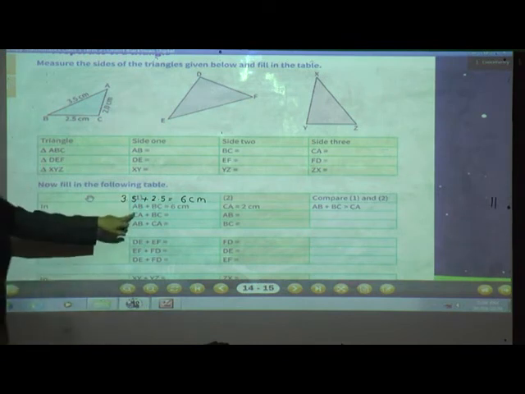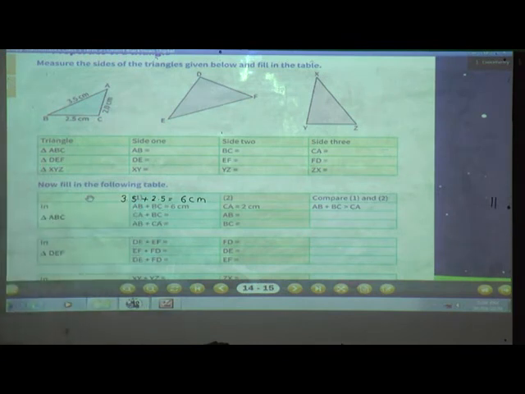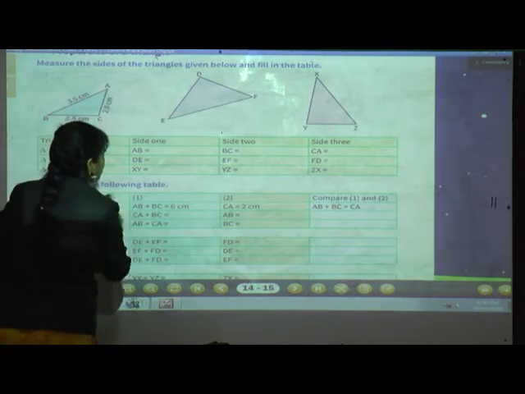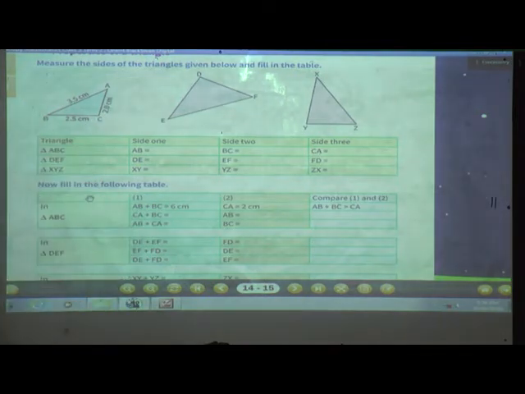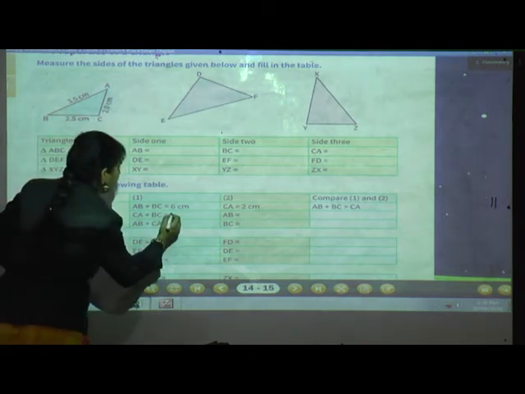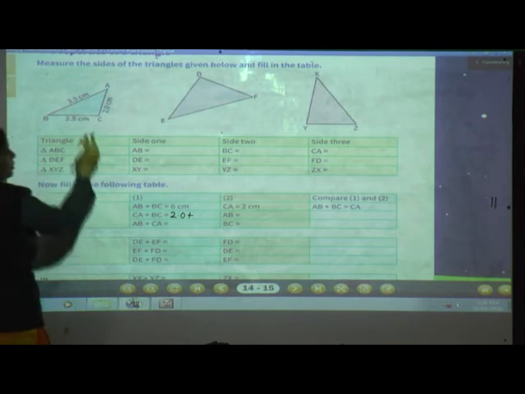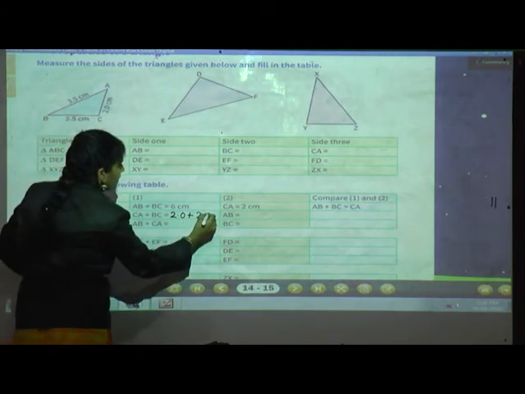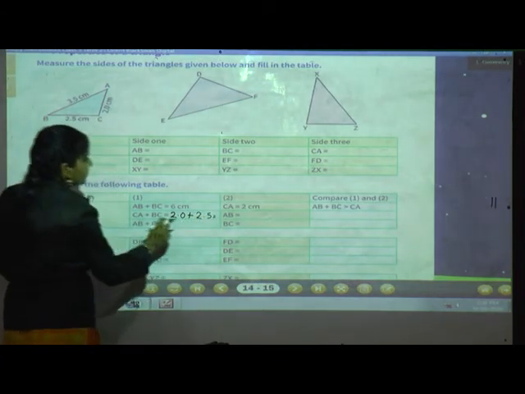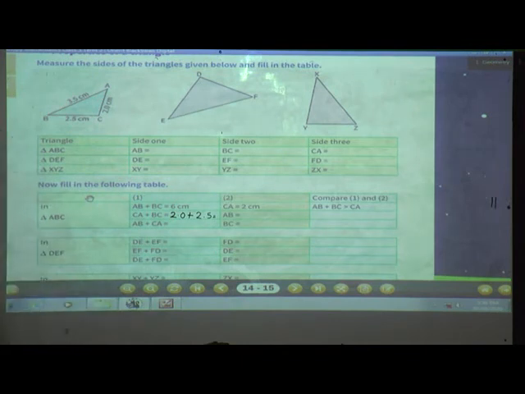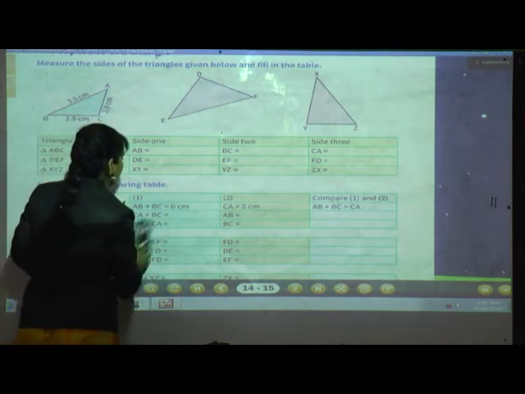Now CA plus BC. See students, CA plus BC. Side CA is 2 centimeter and BC is 2.5 centimeter. So the answer is 4.5 centimeter.